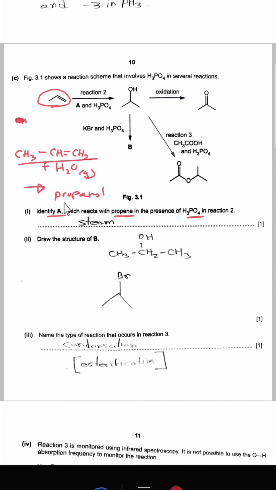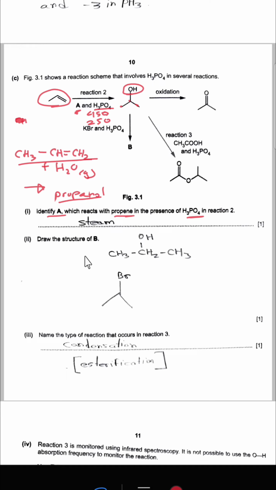Propene forms propanol. This structure is propanol because this is 'prop', and as this is a hydroxyl group, it will be propanol. So propene reacts with steam, at 450 degrees centigrade, 250 atmosphere pressure, and in the presence of phosphoric acid to form propanol.